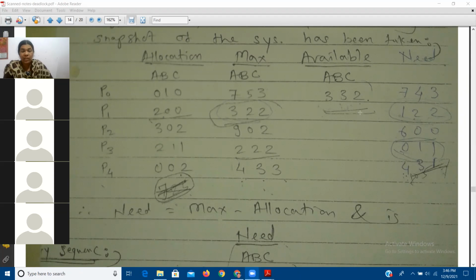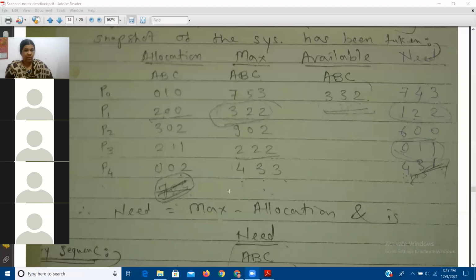Yes, ma'am. Okay, so here we need to assume the request. One more data structure we need to use, that is request. So we need to assume the request, and based upon that request we need to go ahead. Accordingly we need to calculate the safe sequence. So it depends upon you. Here I assume the request is 2 2 1 with respect to P0. Instead you may divide the need of P1 also.